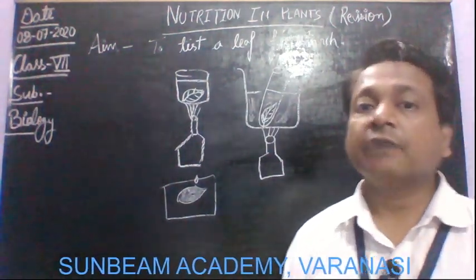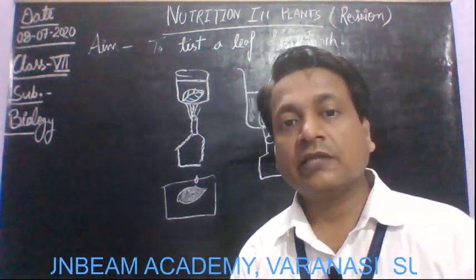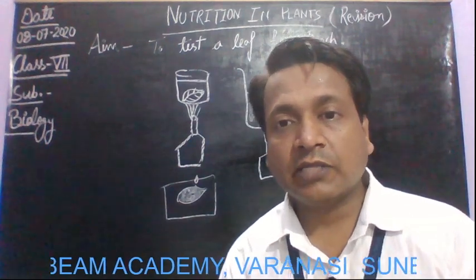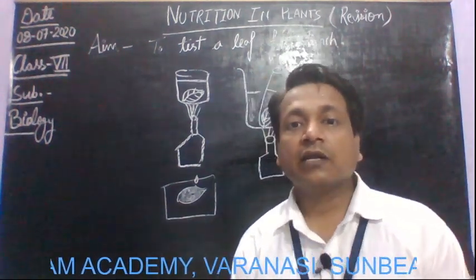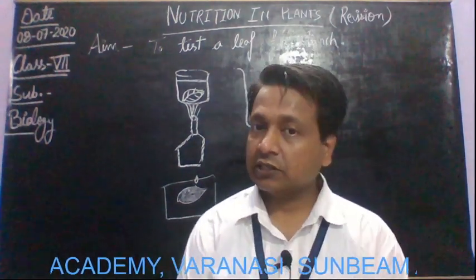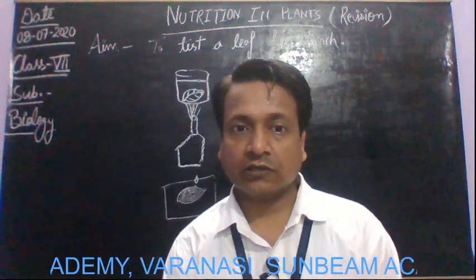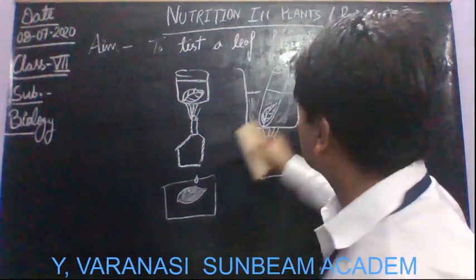Now, we have some more activities in the chapter. Remember, children, we have discussed that there are certain conditions which are necessary for photosynthesis. So, let's come to them one by one.